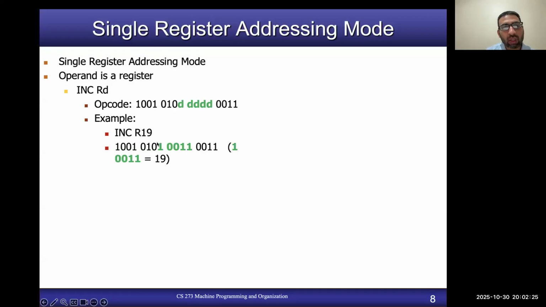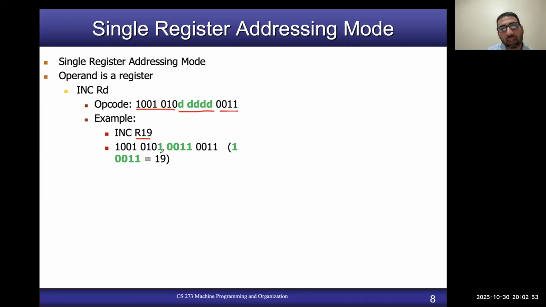So this is just the opcode of the increment instruction. Here these green bits are used to specify the destination register, right? So for example, if you say increment R19, the opcode will stay fixed, but the value of the green bits will change depending upon your register number.